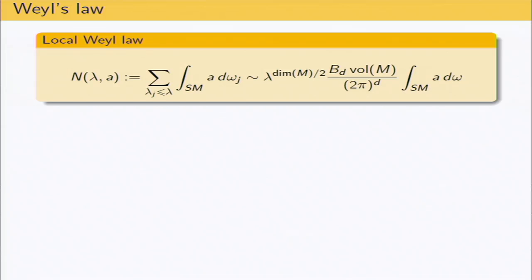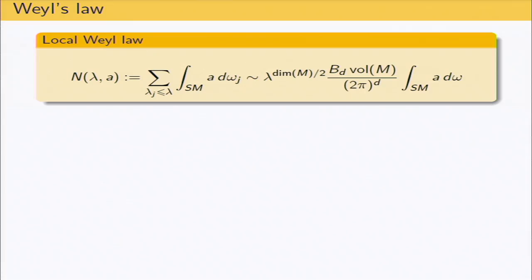So Weyl's law says that if you sum up these Wigner measures up to some Laplace eigenvalue bound lambda, then this sum satisfies an asymptotic formula, namely it is asymptotic to lambda to the d over 2 times a constant. The constant has an absolute part, B standing for the volume of the d-dimensional unit ball, then volume of M scaled down by 2 pi to the d, and then it's multiplied by the space average of the symbol or classical observable A. So N lambda A is asymptotic to this quantity.